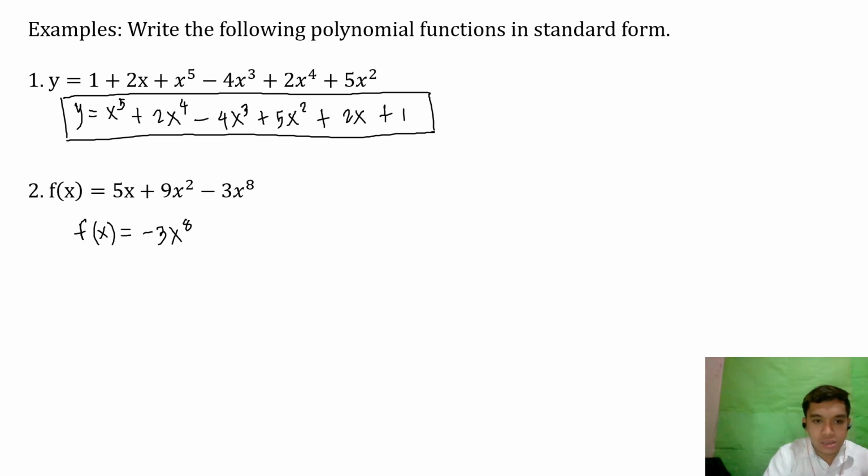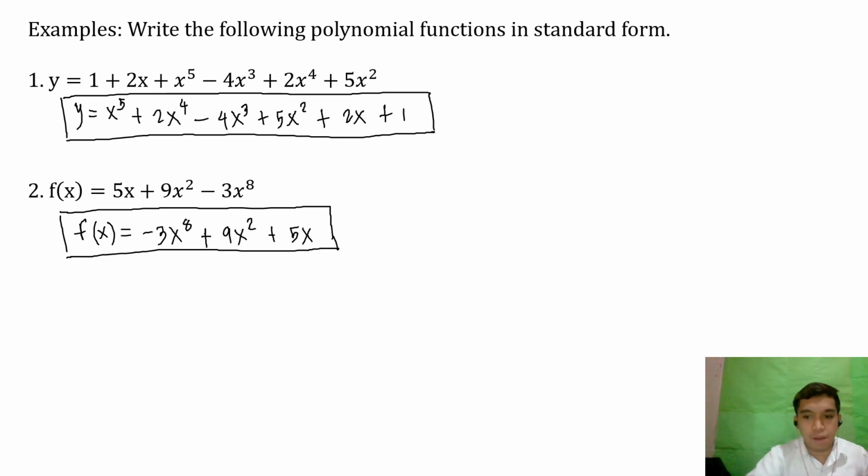Kasunod ang 9x squared. Then, sa dulo ang ating 5x. Siya yung term na may pinakamaliit ang exponent. So, ito yung ating standard form sa number 2, standard form ng ating polynomial function.